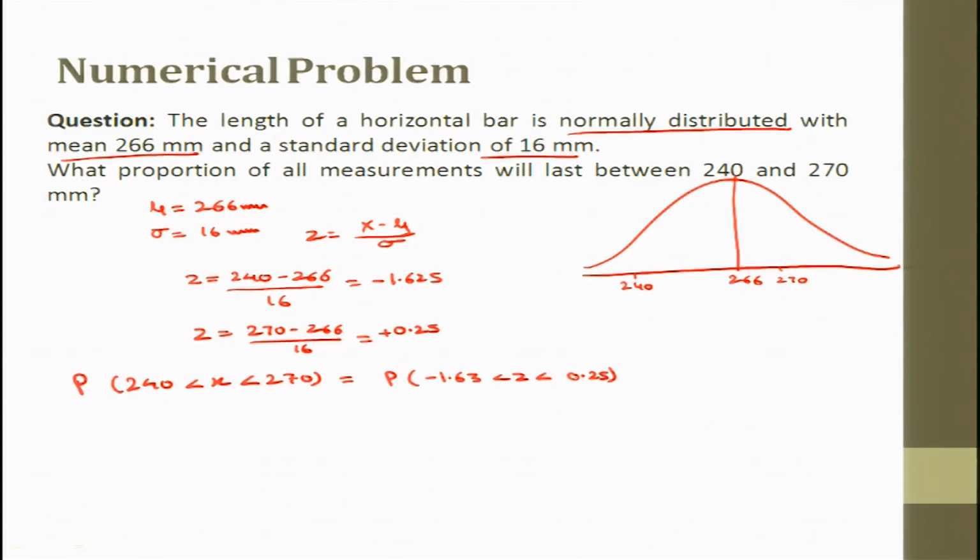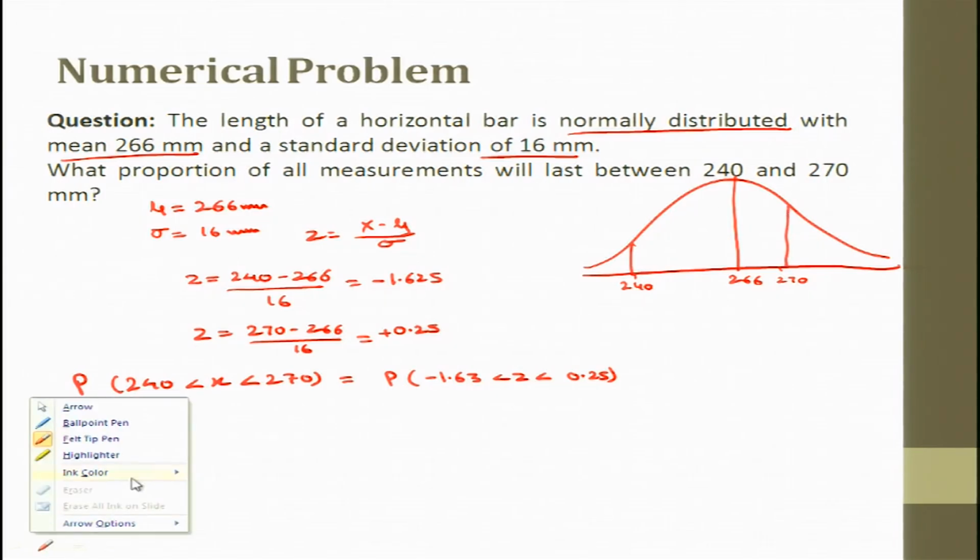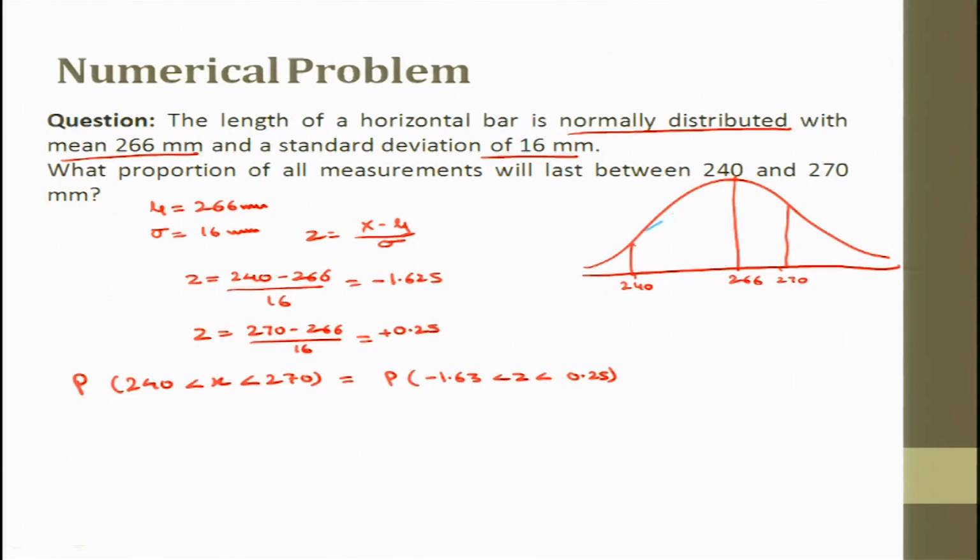Now, there are ways to deal with this. One way is I calculate this area separately and this area separately and then sum them up. For that, I would have to separately see the values for 1.63 and 0.25, considering that area on only one side is required, and sum them up.